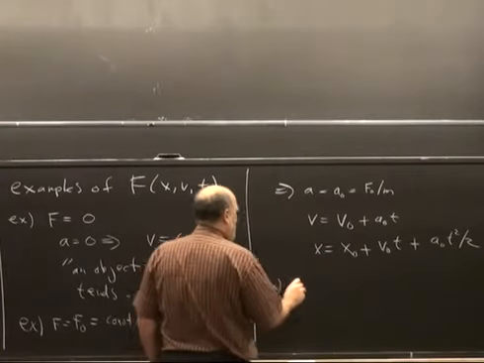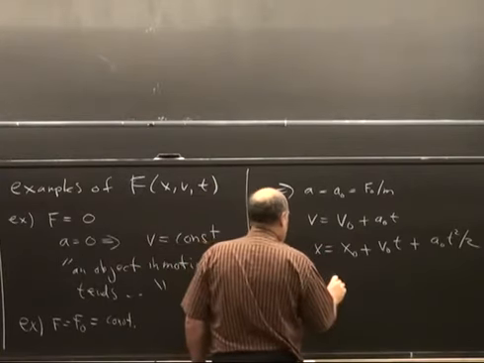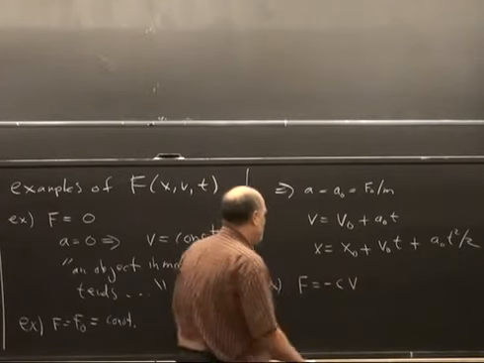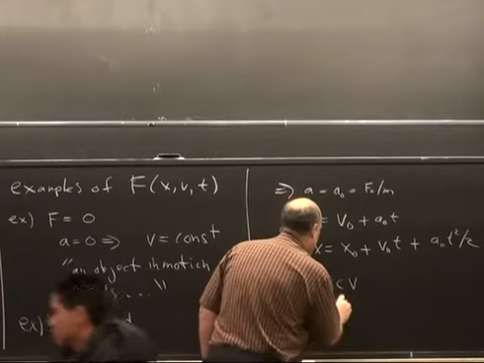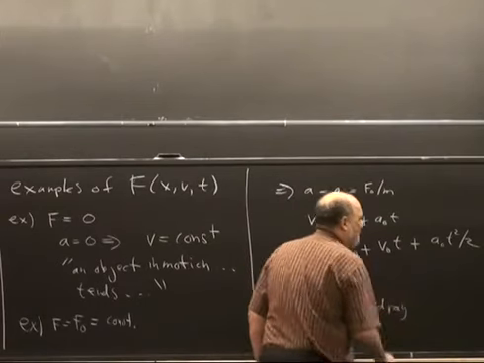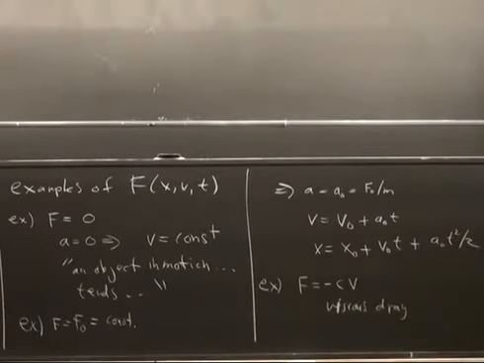Another special example is that F is equal to, say, minus c v. And this is what is called viscous drag. This is a simpler version of the problem I did in lecture the past 2 times, because there's no gravity here. So you just have something shot into honey, but there's no gravity pulling it down or sideways or anything.